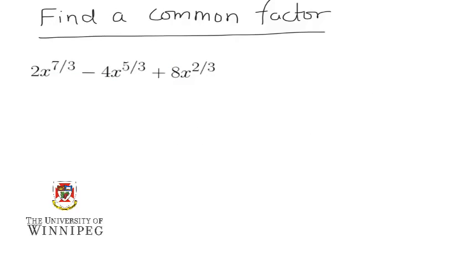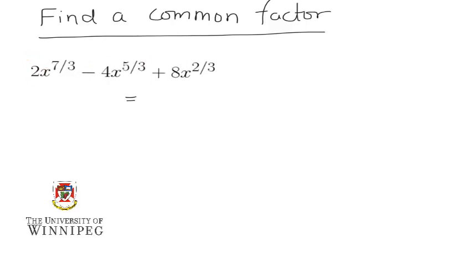Let's take a look at one final, more challenging example of common factoring. One where the exponents of our variables might contain a fraction. Well, first thing you want to do in this case is look at all of your terms and see if there is a numerical common factor that we can take out. In this case, looking at the coefficients, we have 2, minus 4, and positive 8.